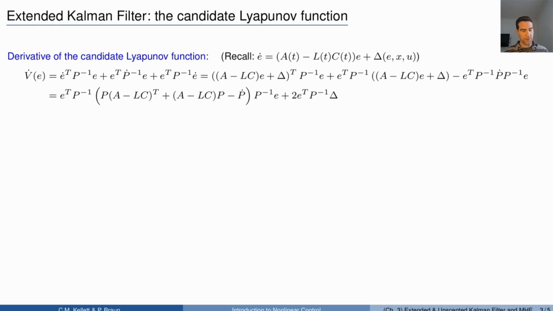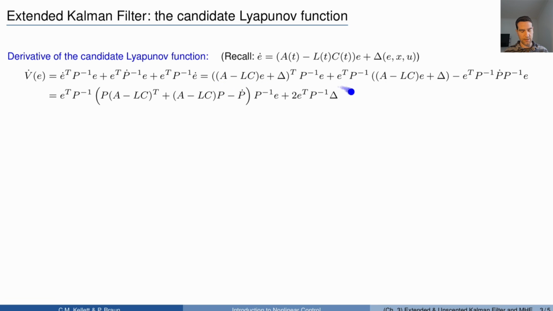So if we calculate the derivative of this function V of e of t with respect to time, then tedious calculations first give us this expression, where we then can plug in our error dynamics and where we can replace the expression of P dot to the power minus 1 using the formula from the previous slide.